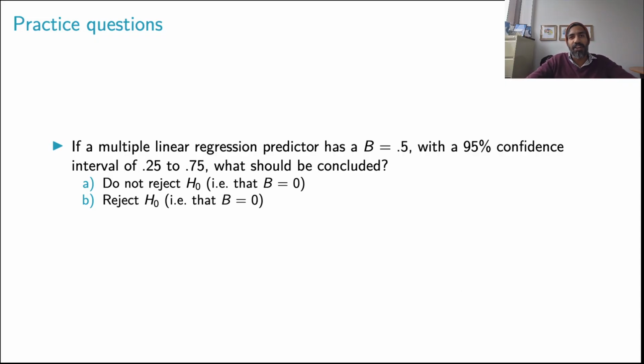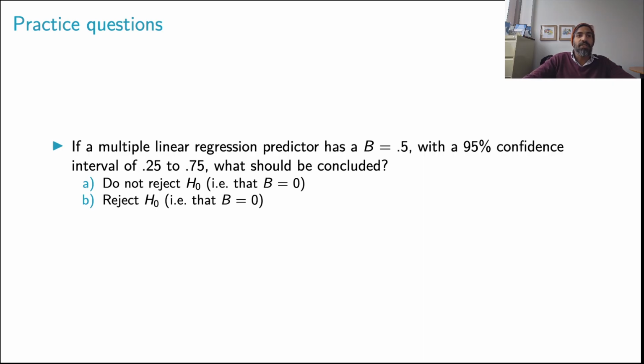If a multiple linear regression predictor has a beta value of 0.5 with a 95% confidence interval of 0.25 to 0.75, what should be concluded? Do you reject the null hypothesis or do you not reject the null hypothesis that beta is equal to 0? The key indicator here is, does the confidence interval cross 0 or not?